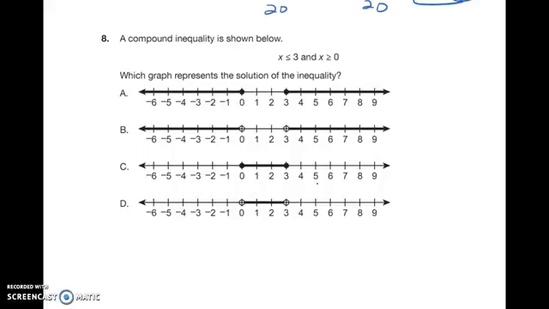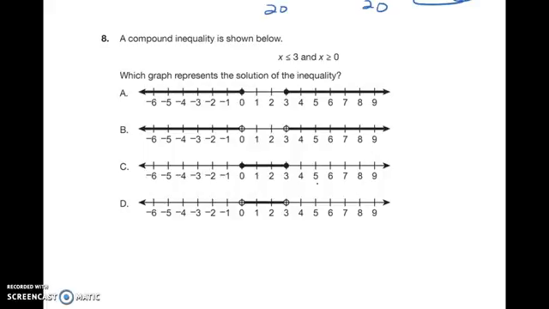So x is less than or equal to 3 and x is greater than or equal to 0. If you remember that ands kind of have an overlap and they go in between the two endpoints, then you can automatically eliminate A and B. If you look at those inequality signs, the line underneath the inequality means equal to.